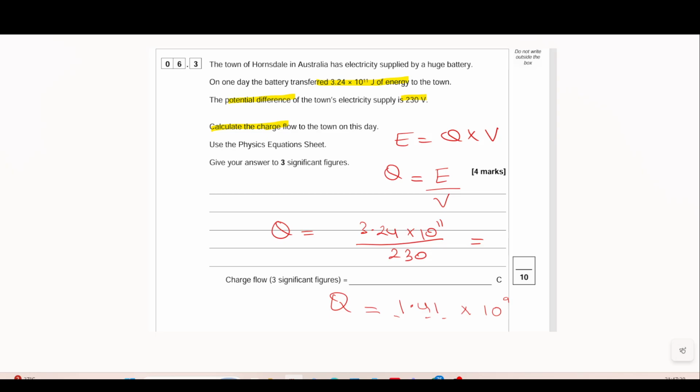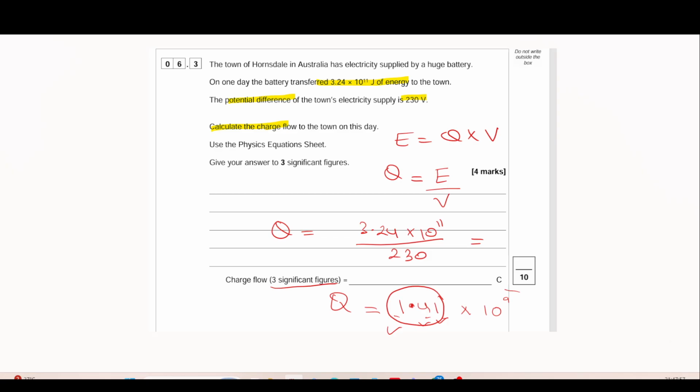Yeah, that's correct. Because you have to ignore all those numbers. It says only write three significant figures. So that's why we write one, two, three figures, okay? And then count how many numbers are there.